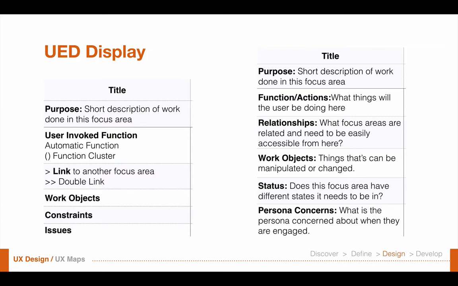It may relate to before you fill in anything or after you fill in anything, before you click or after you click, what will happen, things like that. And then we have persona constraints or concerns. So what is the persona concerned about when they are engaged? Like, would the person be worried when things get messy? Would they feel happy when things get organized? Things like that.